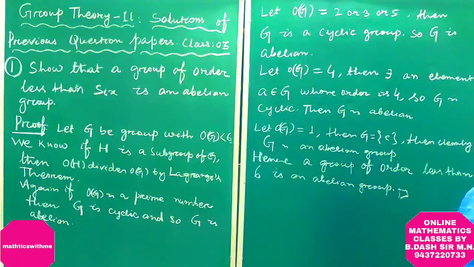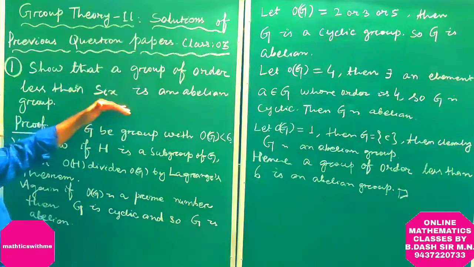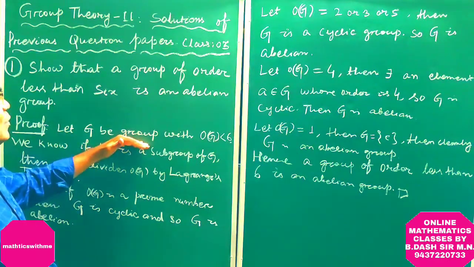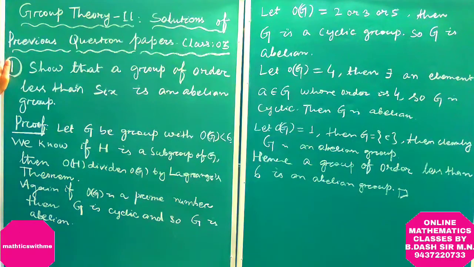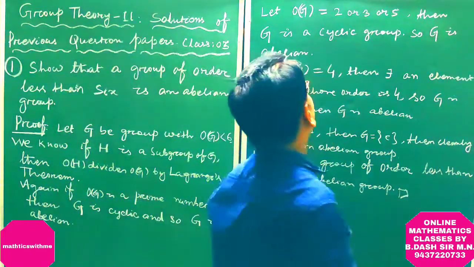Here the question is, show that a group of order less than 6 is an abelian group. So we have taken G as a group whose order is less than 6. We know if H is a subgroup of G, then order of H divides order of G by Lagrange theorem. If order of G is a prime number, then G is cyclic, and so G is abelian, because every cyclic group is abelian.